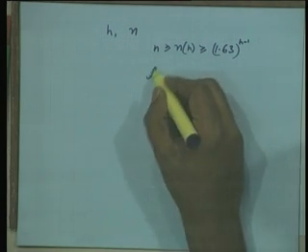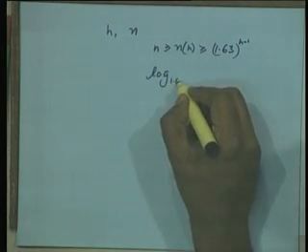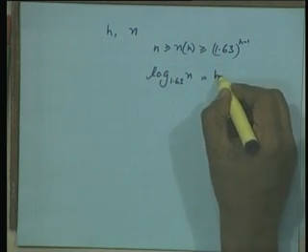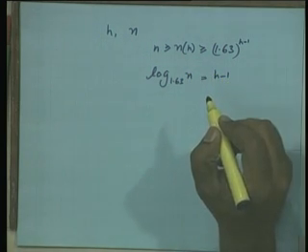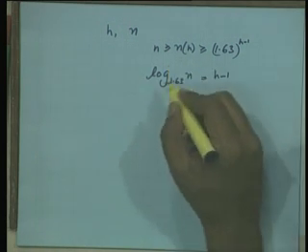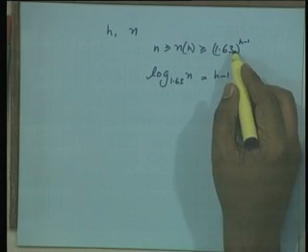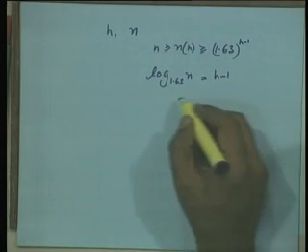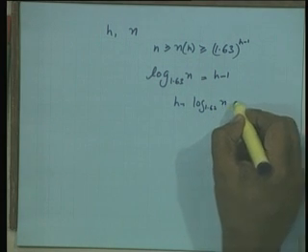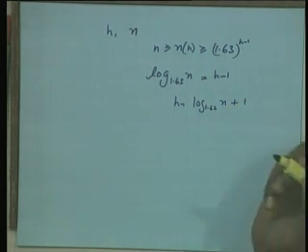Let us take log of both sides. So we get log base 1.63 n equals h minus 1. I am just using the definition of log, taking log to the base 1.63. This implies h equals log base 1.63 of n plus 1, which is okay.